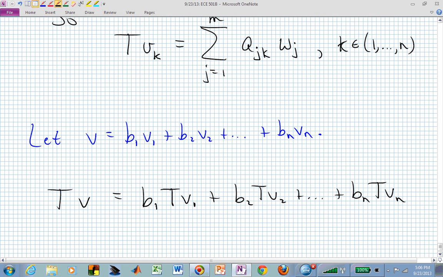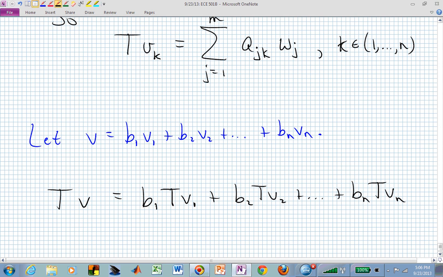So we have TV, and this is now how TV sub k, each of those is parameterized. Now we need to plug this in where we plug in k equal to 1, we would replace this TV1 with this summation symbol with k equal to 1. Does everybody see what I'm trying to do?